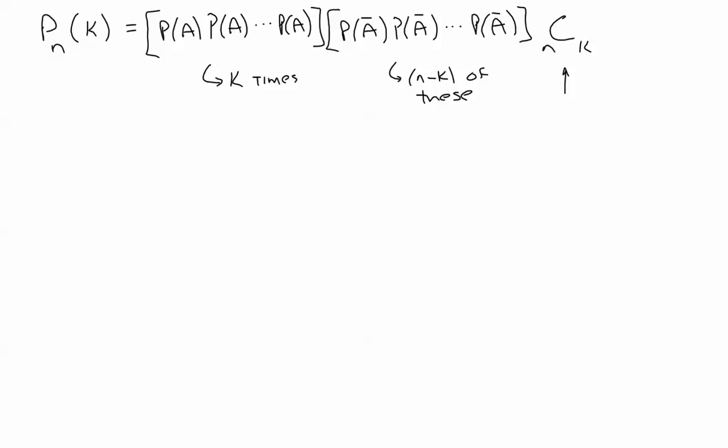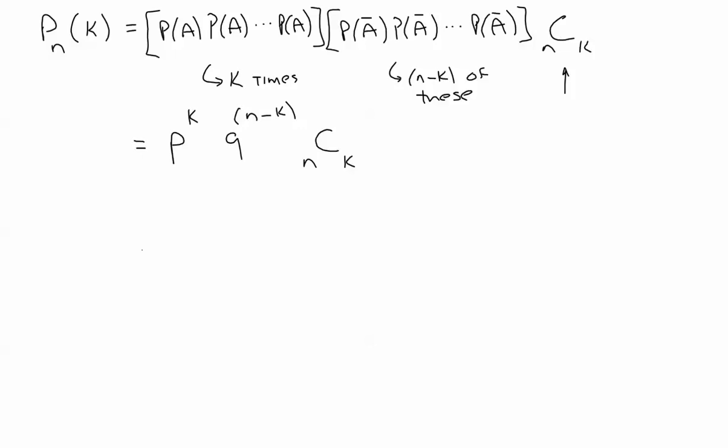So let's simplify the notation a bit. Remember, the probability that A occurs is little p, so it'll be p raised to the kth power, q raised to the n minus k power, and then the number of combinations.